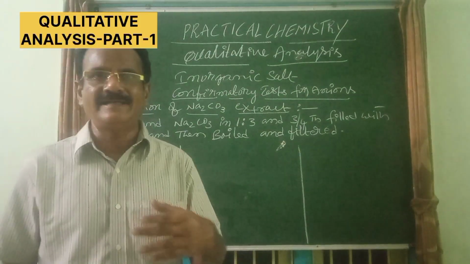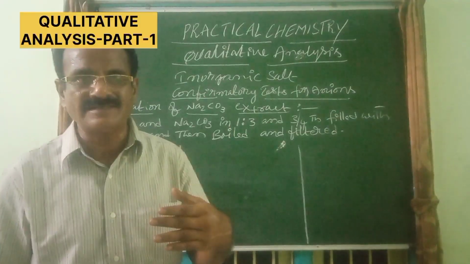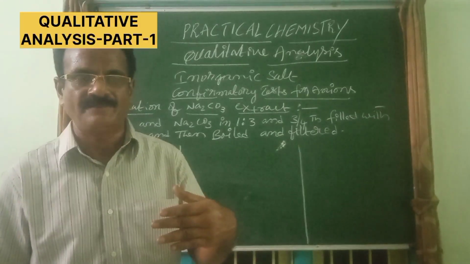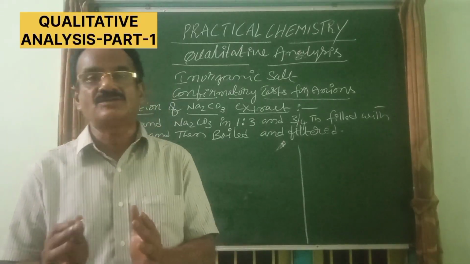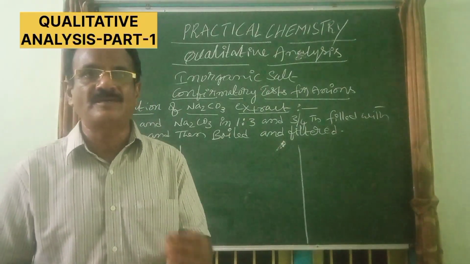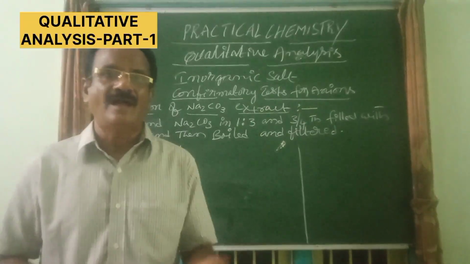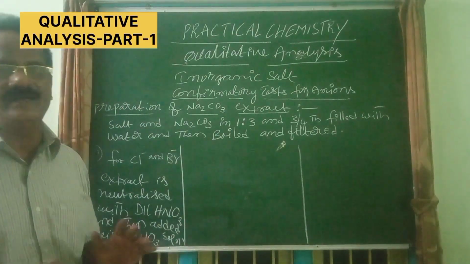When you add a dilute acid, neutralization will start, and at the completion of neutralization the effervescence will stop. Then one can ensure that neutralization is completed. After that, the AgNO3 solution is to be added.